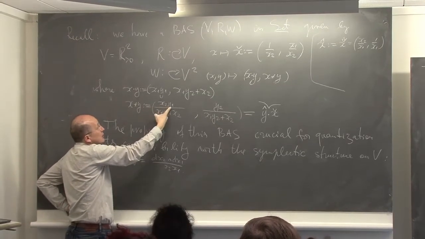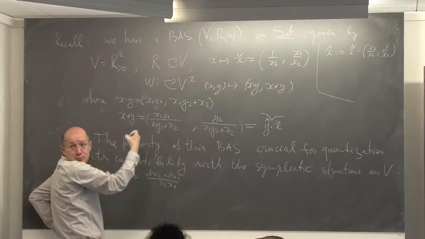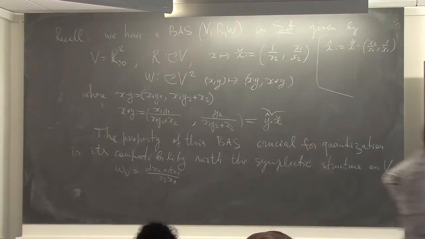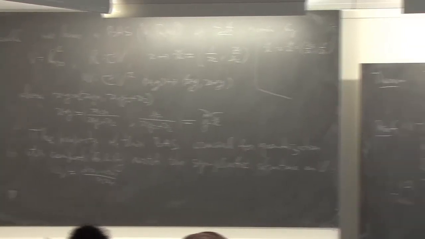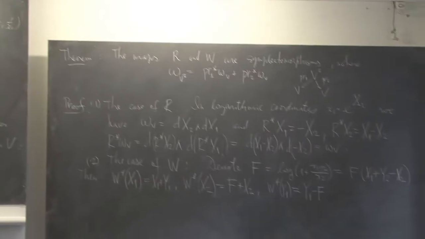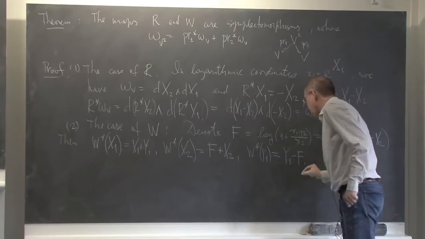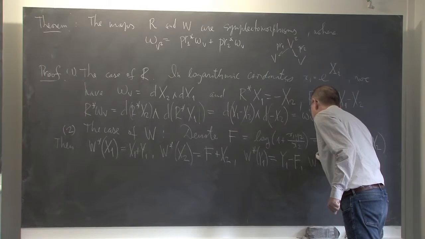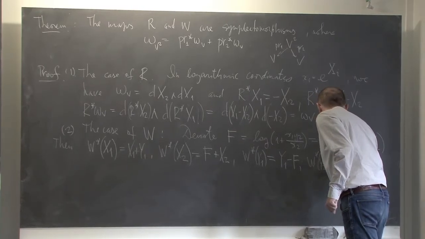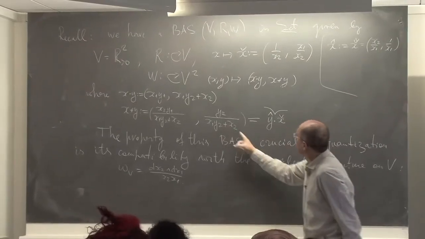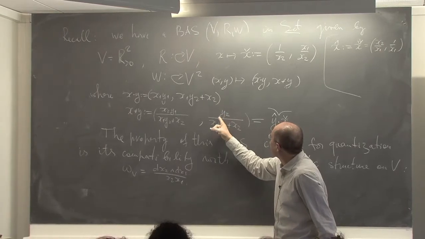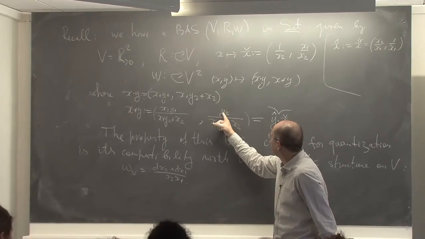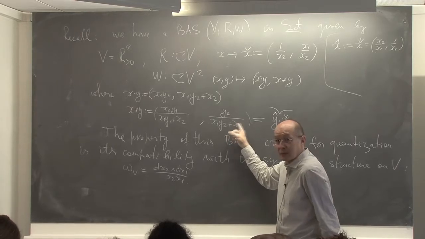And the result will be capital Y1 minus F. And finally, W star of Y2. So we have to treat now the last component here. So we again pull out x2. So the result will be capital Y2 minus capital X2 minus F.